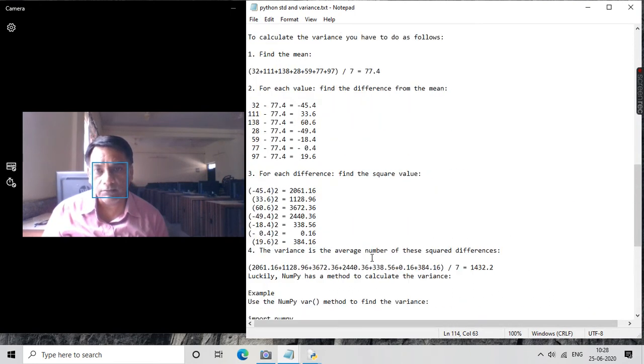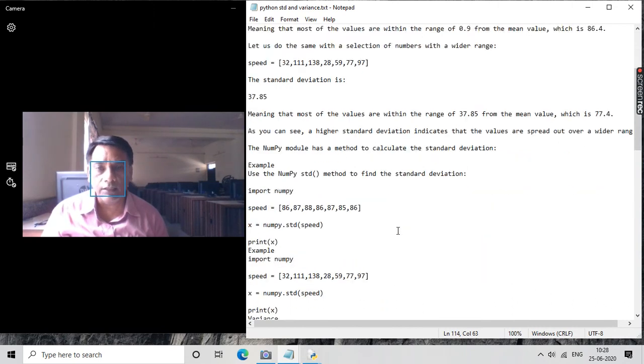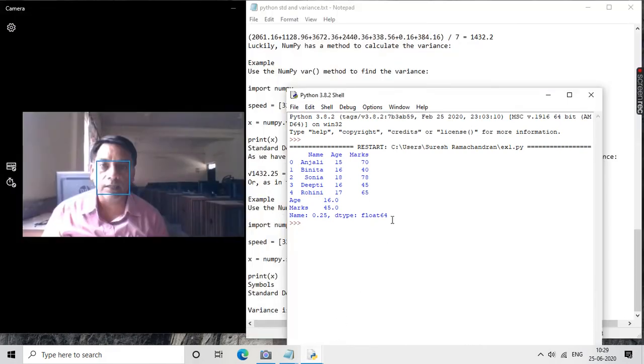Three very important functions are part of descriptive statistics: one is quantile, another is standard deviation, and another is variance. But as far as your syllabus is concerned, we have to stick with the function, and one can use these functions directly in Python.